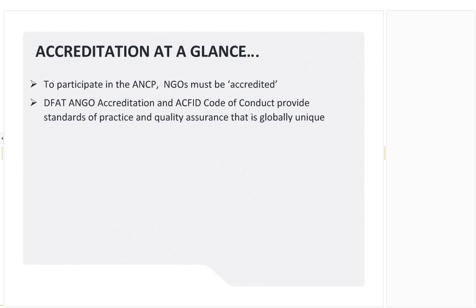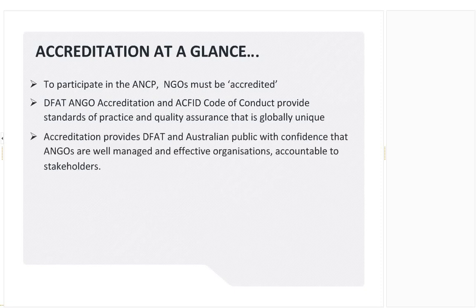DFAT, Australian NGO Accreditation, and ACFED Code of Conduct provide standards of practice and quality assurance that's globally unique. So this is a well-respected process around the world. Accreditation provides both DFAT and also the Australian public with confidence that NGOs are well-managed and effective organisations and are accountable to stakeholders.